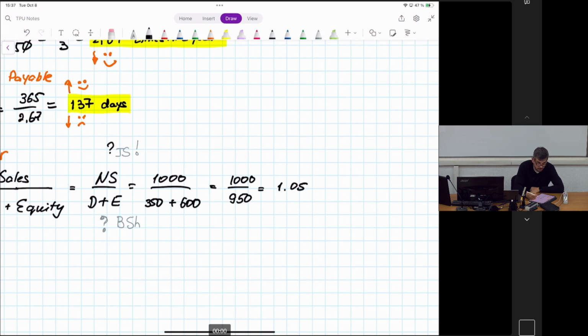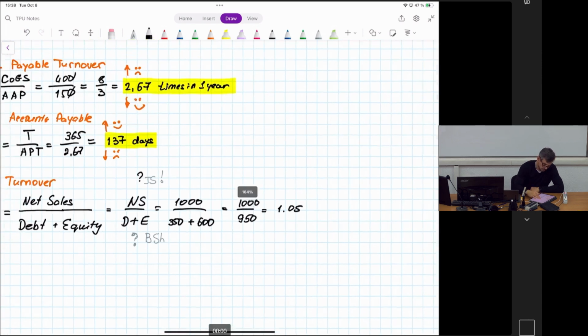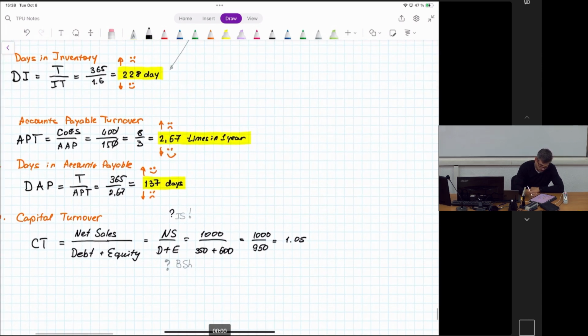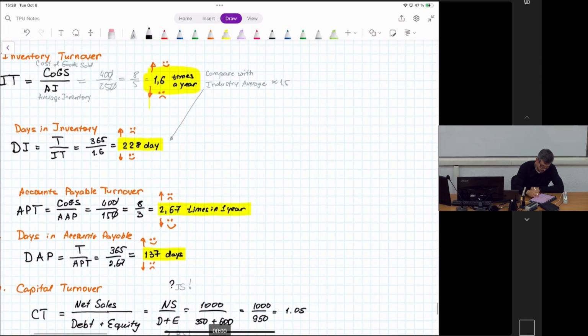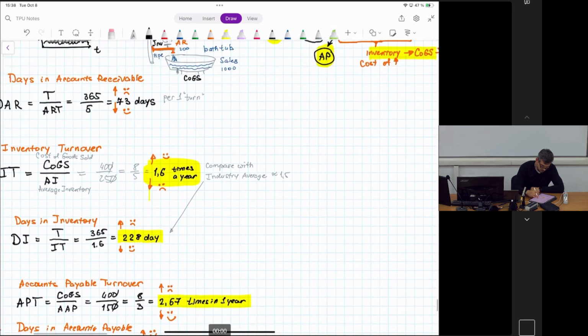That is 1.05. Let's remember from two classes before: what does it mean, 1.05?